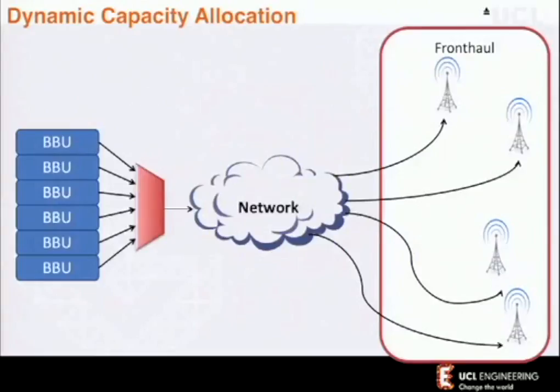And then I just need a network that allows me to decide where I'm putting my resources and how I'm going to allocate them to my different cells depending on what my cell requirement is at any time. I need very flexible remote radio heads. I need those that can manage multiple frequencies at one time.